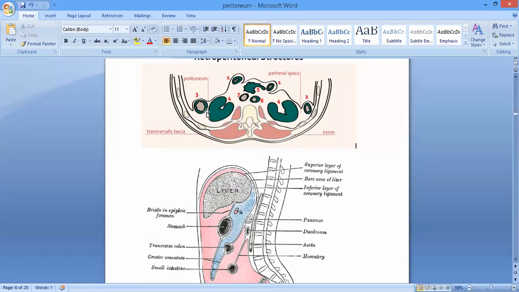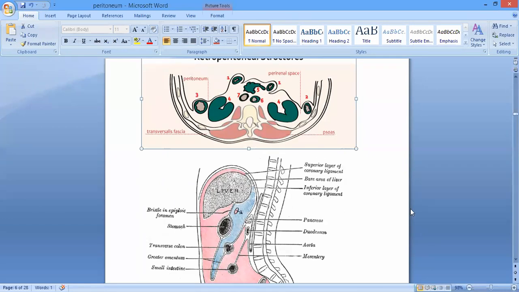So these are partially covered, like the ascending colon, the descending colon, and some part of the rectum. Is it clear? Is the concept clear? Retroperitoneal structures are completely behind the peritoneum, and in the partially covered category we have the ascending and descending colon.